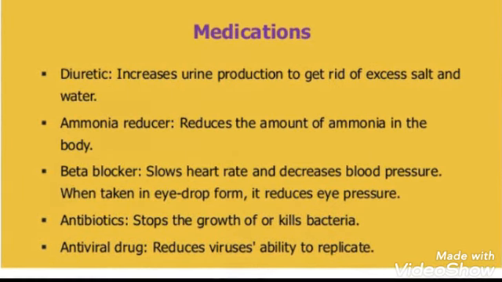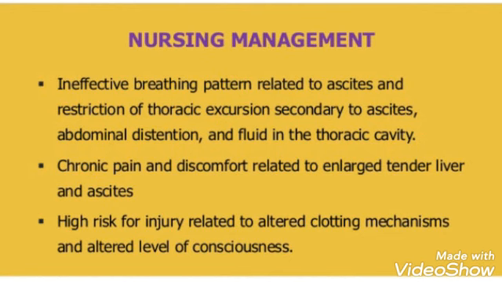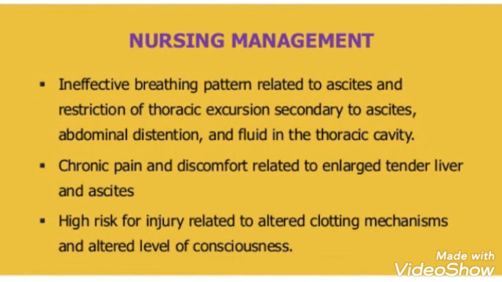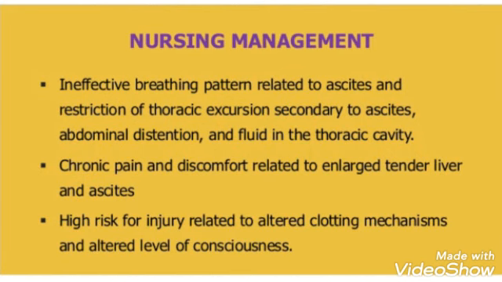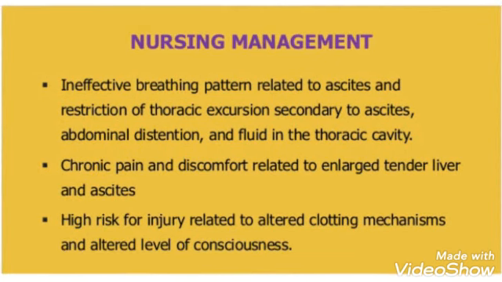Then we'll go for the nursing management. First and foremost, ineffective breathing pattern related to ascites and restriction of thoracic expansion secondary to ascites, abdominal distension and fluid in the thoracic cavity. Mainly we formulate the nursing diagnosis according to the patient's complaint. Whatever the top priority problem the patient has, that will be your topmost nursing diagnosis.